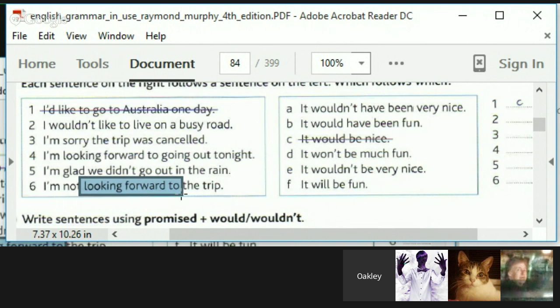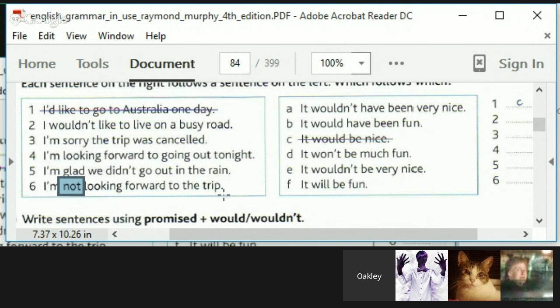Okay, you look forward to something. You're a little anxious, hopeful, and happy about it. You're anticipating it. Here, of course, you're not looking forward to the trip. It's negative. It will be fun. No, not looking forward. I'm not anticipating.